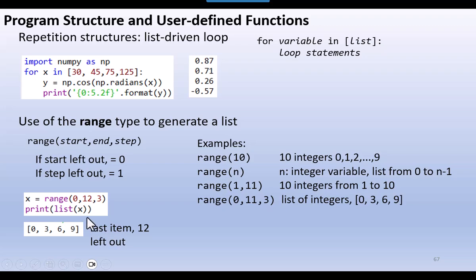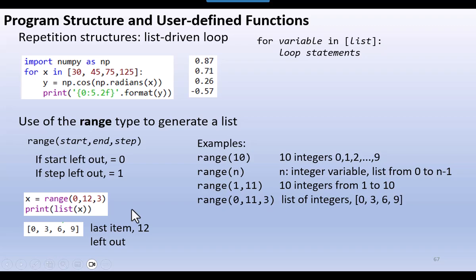If we go 0 to 12 in steps of 3, you would think about that as 0, 3, 6, 9, 12. But as happens with some other functions like the arange function in NumPy, the last item is left out. So you get up to, but not including the last item generated by range. So you get 0, 3, 6, 9.